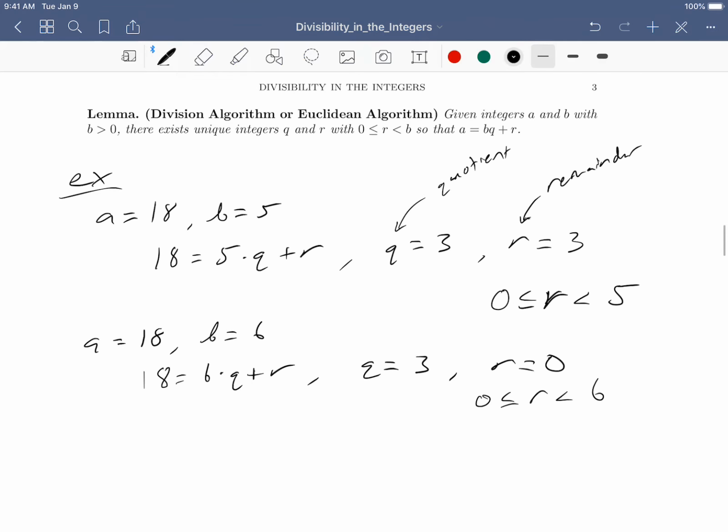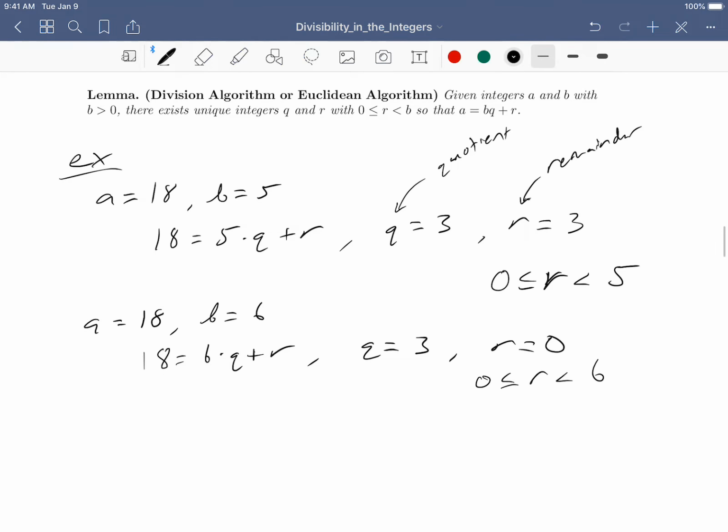Now, it doesn't give us any condition on how a and b are related to each other, so we can do this in a way that feels a little bit weird: we can instead use a as 5 and b as 18. So we're saying 5 is 18 times q plus r.